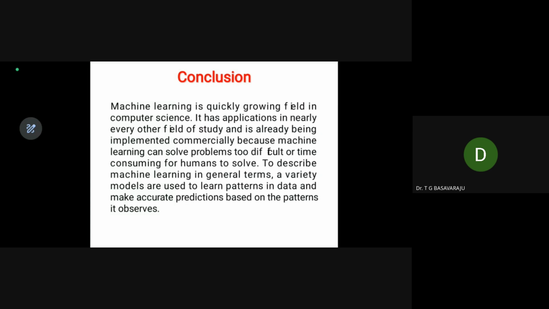So it's not pertaining to CSE only. Any interdisciplinary project that I'm trying to do now is all interdisciplinary only. So even in medical diagnostics we are working on a few projects. So in general I just want to conclude that it is giving you more accurate predictions based on the patterns that you are going to observe.